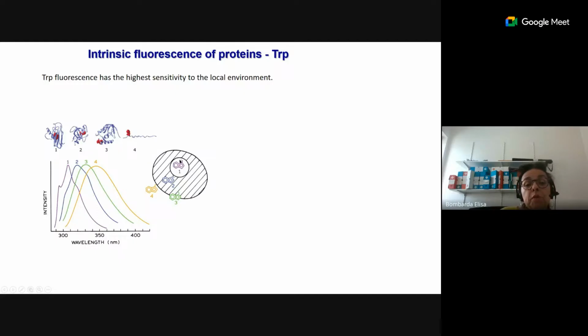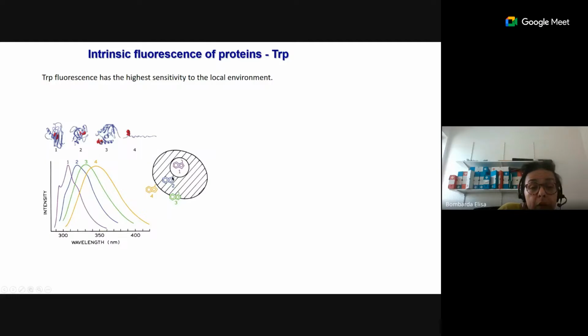So when the tryptophan is in the core of the protein, in a more hydrophobic environment without accessibility to the solvent, it has a blue shift, so this spectrum is in the blue extreme of its emission band. And that is an example.